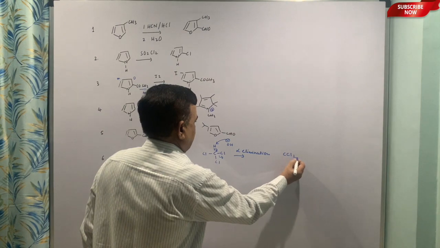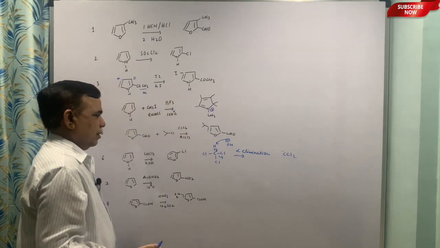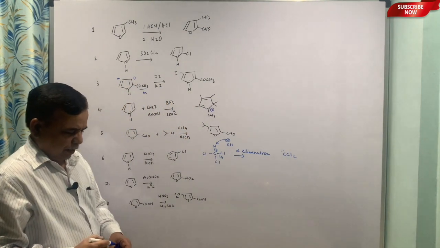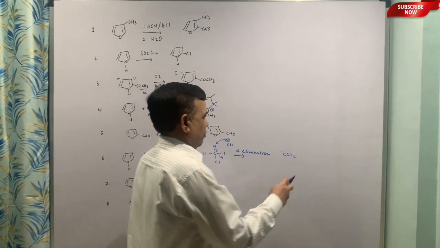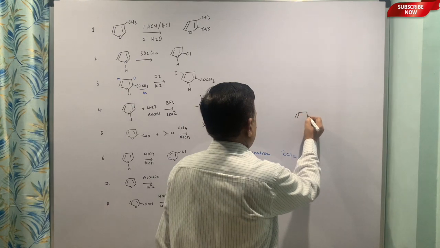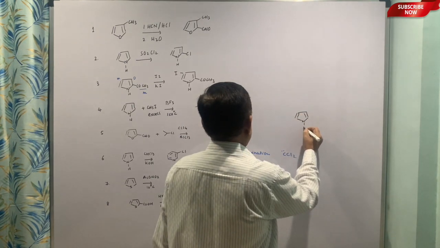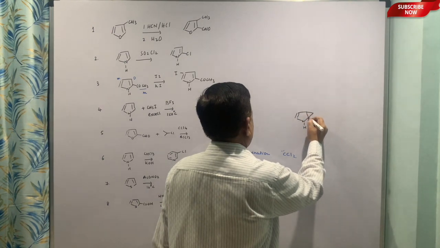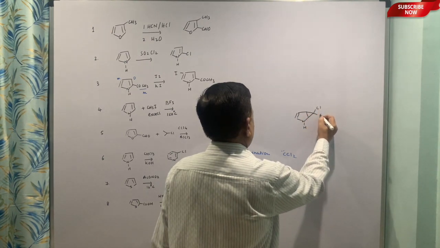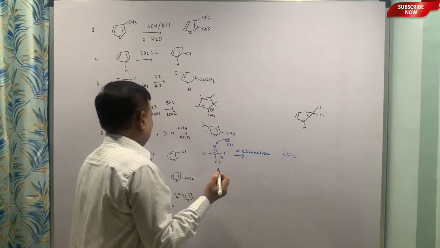So this will give rise to chlorocarbene. Now this chlorocarbene has to interact with your compound, and with this what you get is this intermediate, or I can directly put the compound. So this is the adduct.